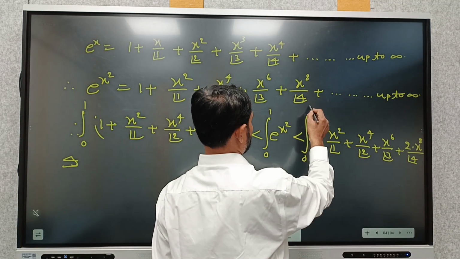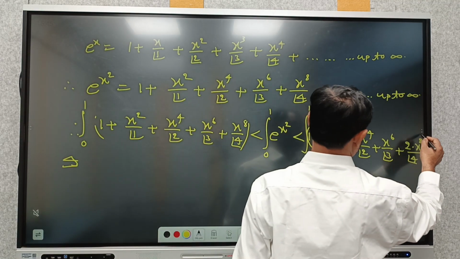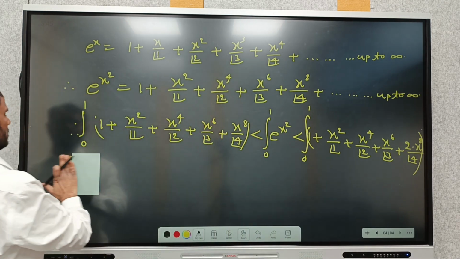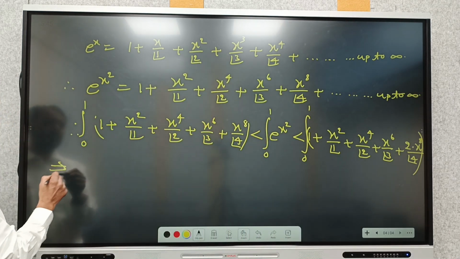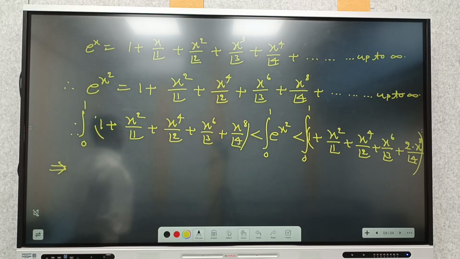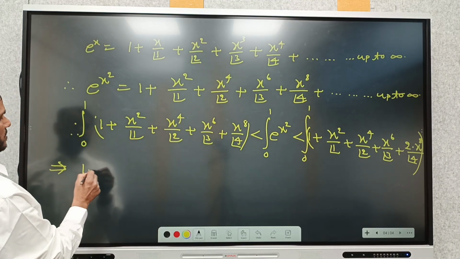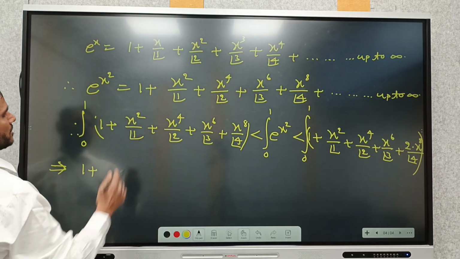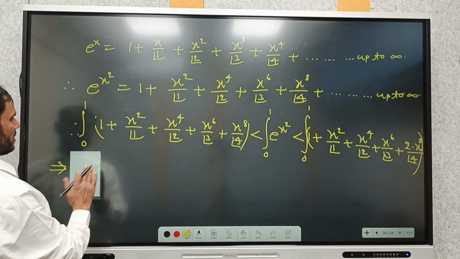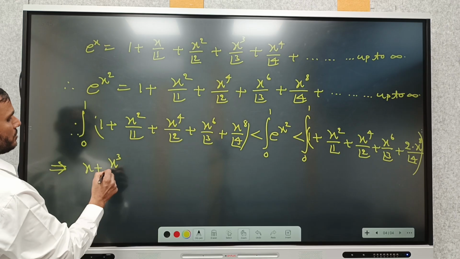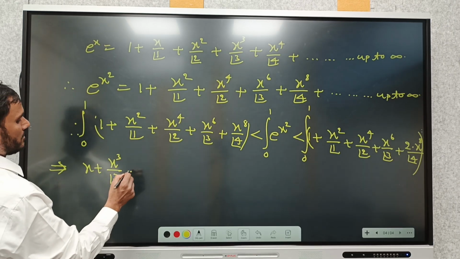Our integration is with respect to x. Therefore, after integration, we get x, then x cubed by 3, right?